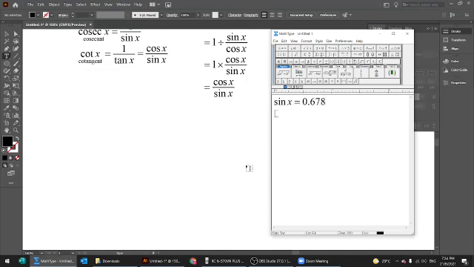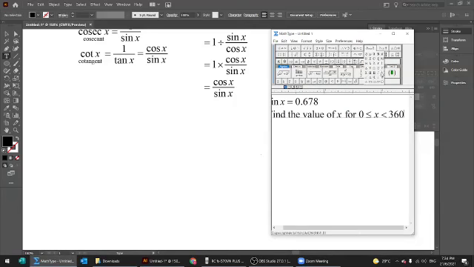Find the value of x for x in between 0 and 360 degrees. So your answer must be between 0 and 360 degrees.